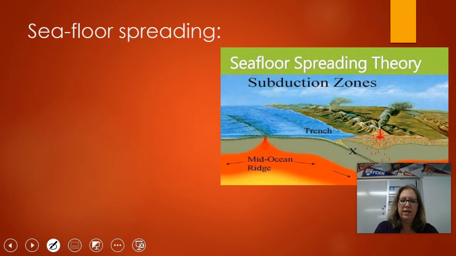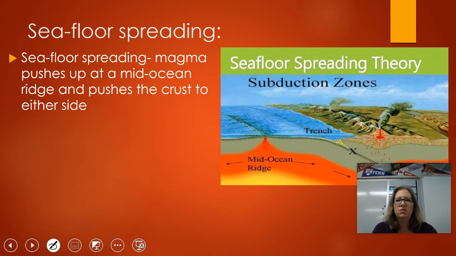The plates are moving because of seafloor spreading. Seafloor spreading occurs at the mid-ocean ridge. We've got these mountain ranges under the ocean, and there's a lot of volcanic activity. It's literally like mountain peaks under the ocean. Magma, which is molten material from the mantle, pushes its way up through that mid-ocean ridge.